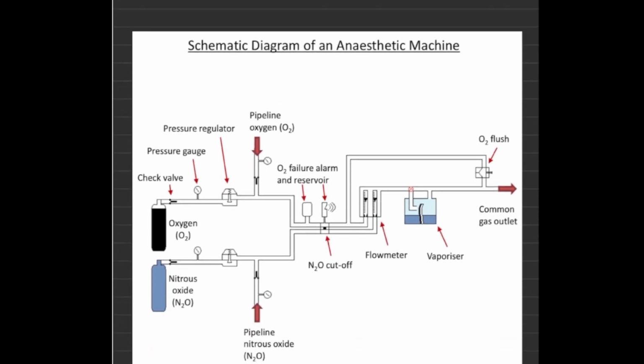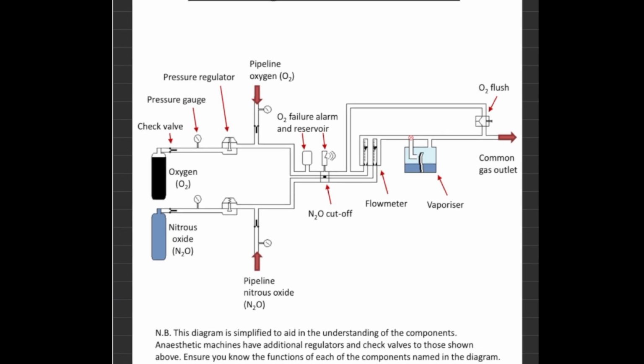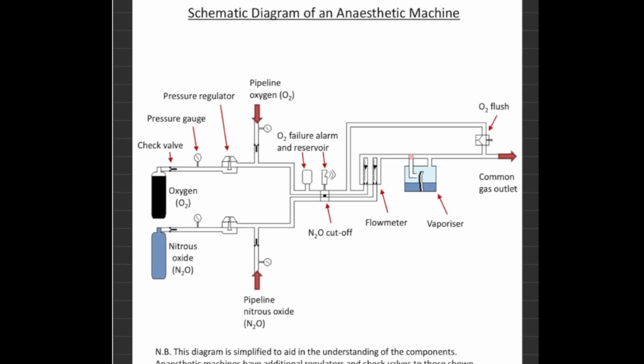This is a simple schematic diagram of the anesthesia machine. We have cylinders, an oxygen cylinder and a nitrous oxide cylinder, with a unidirectional check valve, pressure gauge and pressure regulator. Up till here it is the high pressure system. From here we have the intermediate pressure system, consisting of pipeline inlet connections, oxygen and nitrous oxide with unidirectional check valves, pressure gauges and pressure regulators.